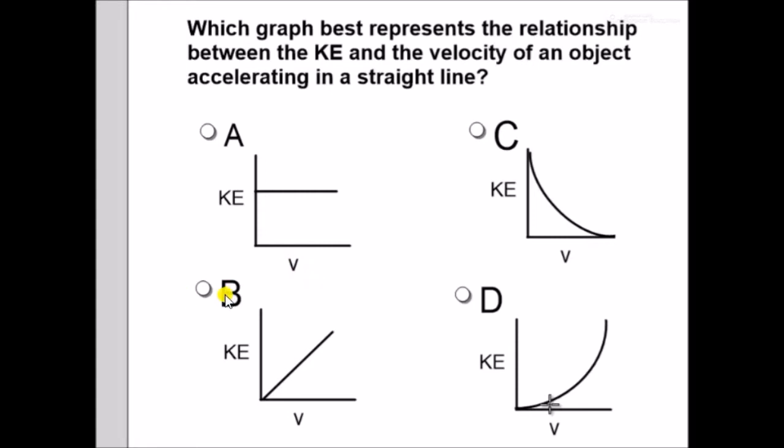That means there is a positive change in the velocity with respect to time. We know that velocity is represented on the x-axis and the kinetic energy is represented on the y-axis. Now if there is a positive change in the velocity, then I have to move horizontally in the rightward direction.